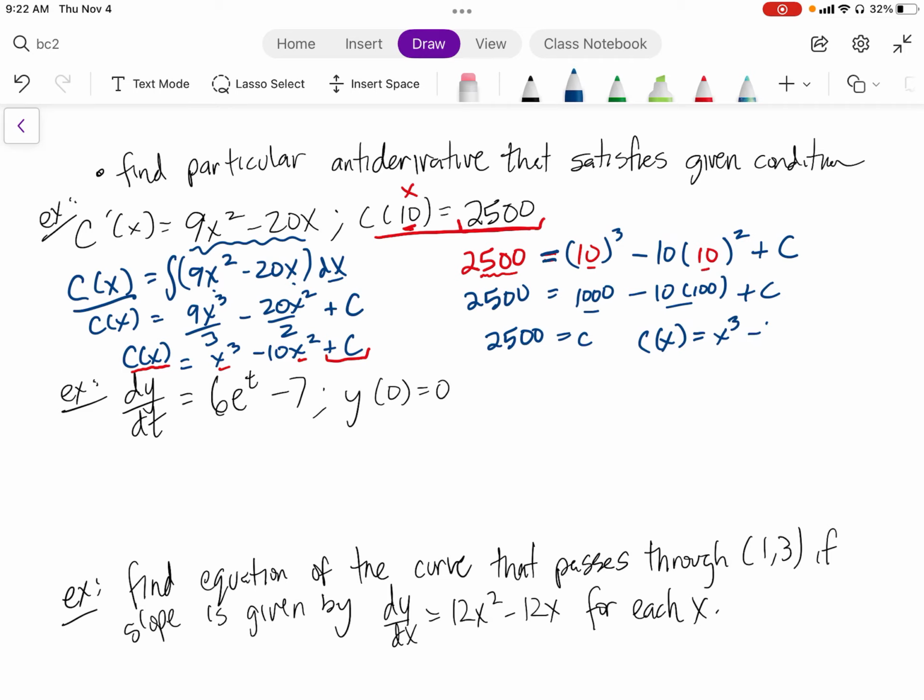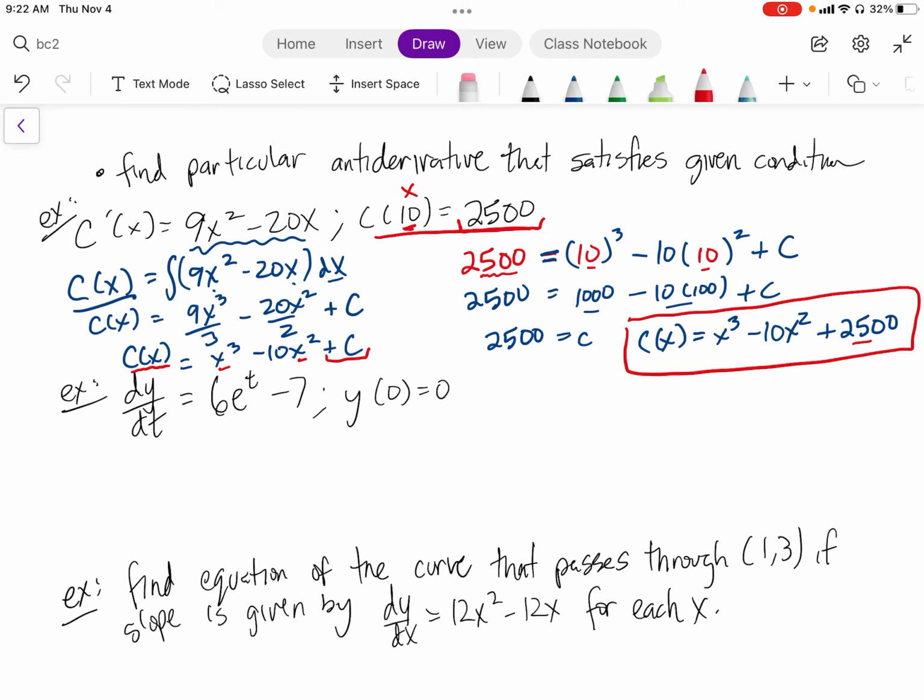So x to the third minus 10x squared plus 2500, because that is the C value we just found. So that is the particular antiderivative. That is our particular solution, given the fact that I knew C of 10 was 2500.